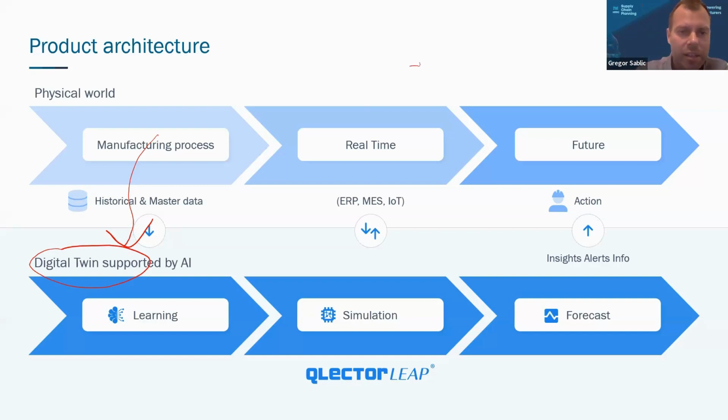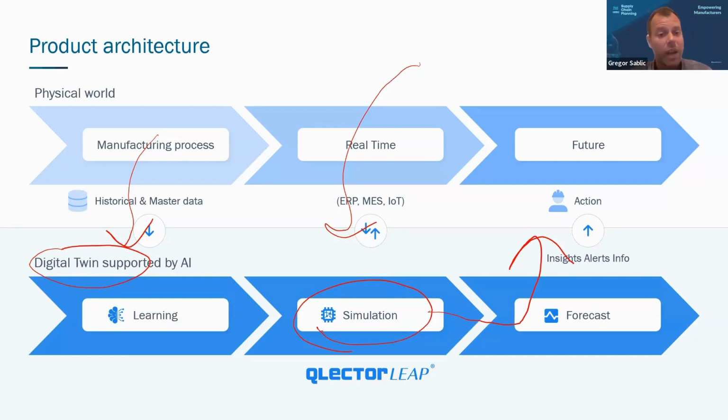And then by collecting and learning from live data from the production, we are able to create certain simulations, which then end up as a forecast. So we are able to prepare for future events which can happen. You will see later on, I will explain even further, but this is just the main introduction of the product architecture.